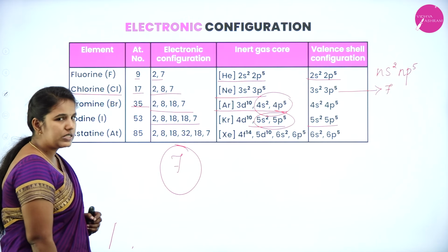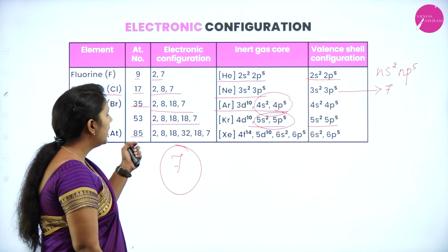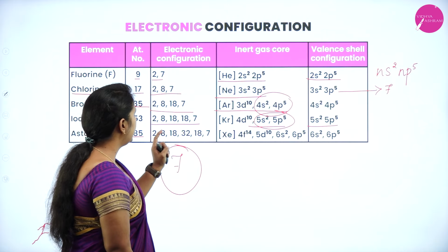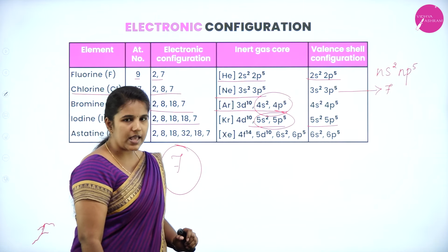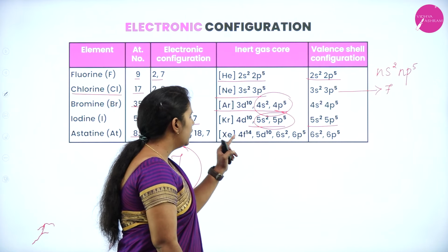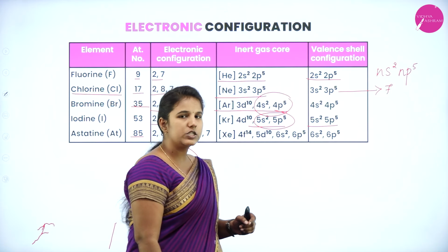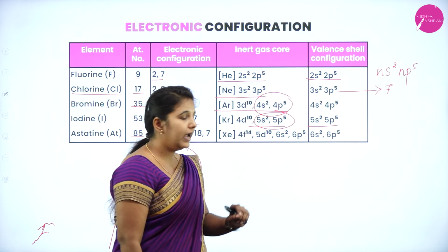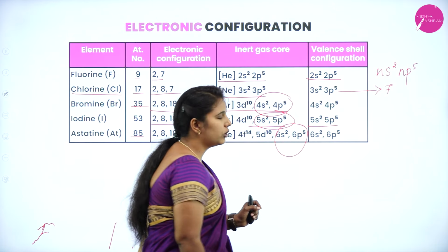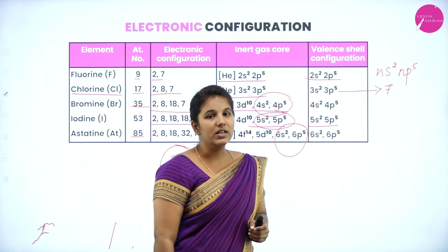And coming to the last one, that is astatine, it has an atomic number of 85 and the electronic configuration goes like this: 2, 8, 18, 32, 18 and 7, and the inner gas core configuration is xenon 4f14 5d10 6s2 6p5. Again you can see that the last shell consists of 7 electrons, and the valence electronic configuration of the last valence shell can be written as 6s2 6p5.